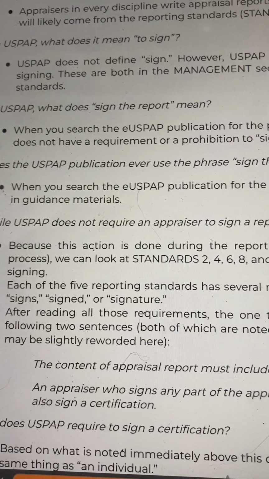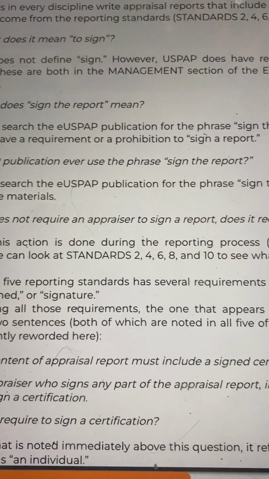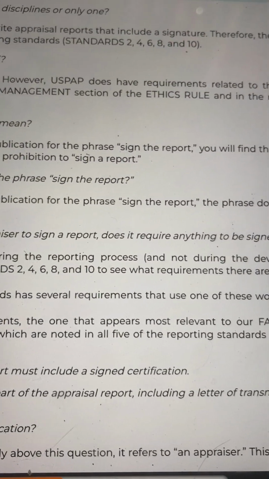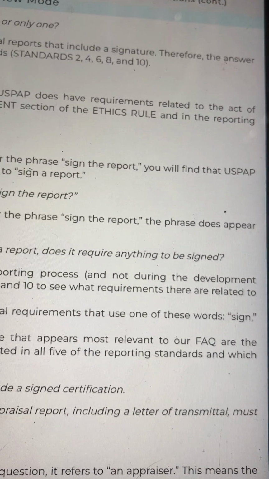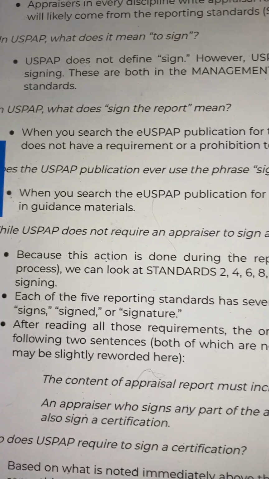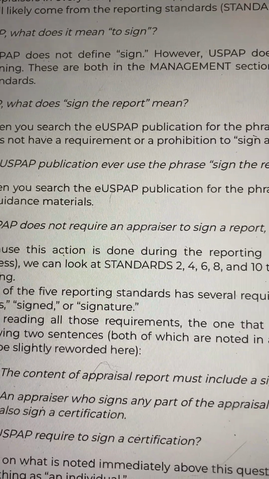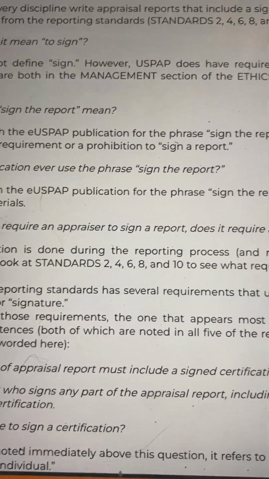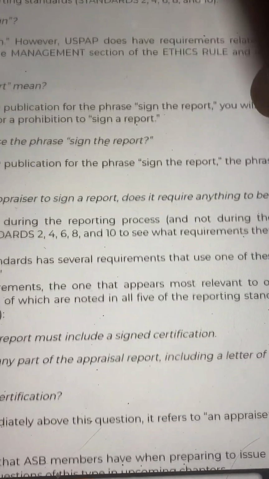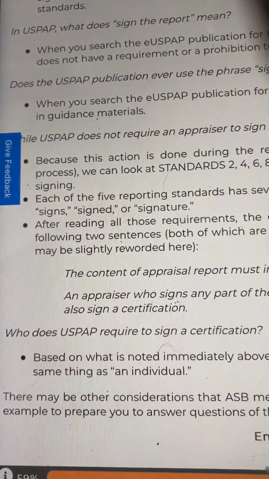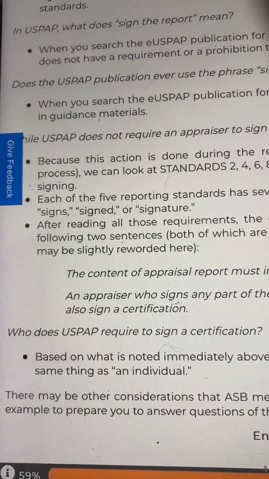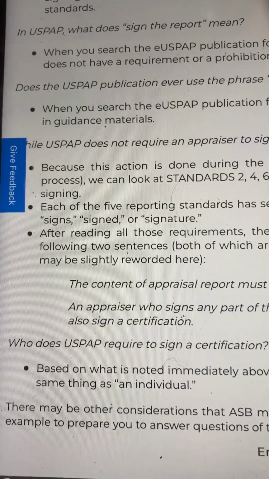After reading all those requirements, the one that appears most relevant to our FAQ are the following 2 sentences, both of which are noted in all 5 of the reporting standards and which may be slightly reworded here.